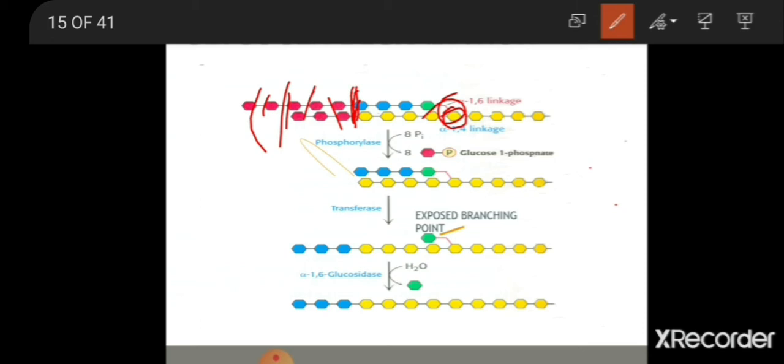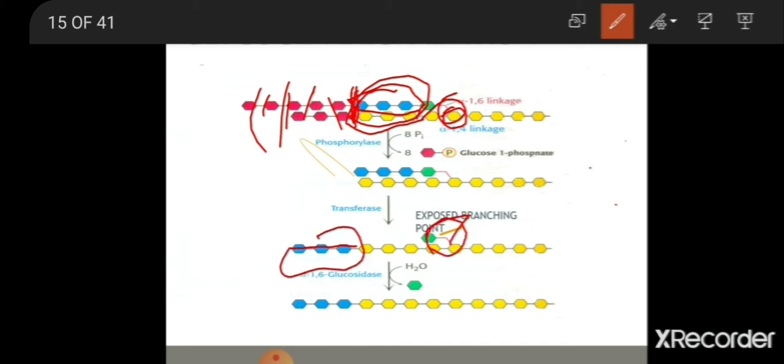Now we have the transferase enzyme. This transferase enzyme will remove this glucose residue as a trisaccharide unit, and it is transferred from the branch point to another point. Now the branch point is exposed.